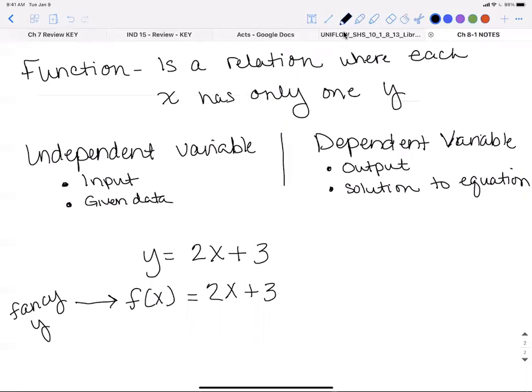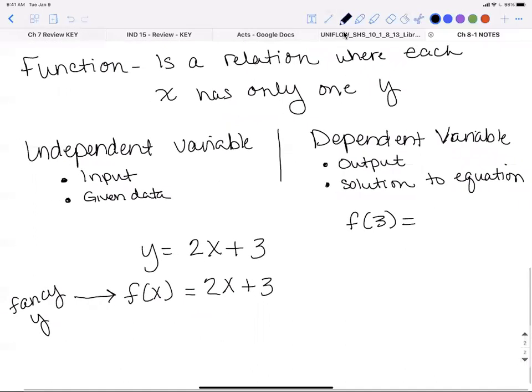If I give you the ingredients, or the input, or the X value, you can put it into the machine, or into the function, do all the math, and it's going to spit out the Y. So if I give you f of 3, that means in my function, I want you to input the ingredient 3.